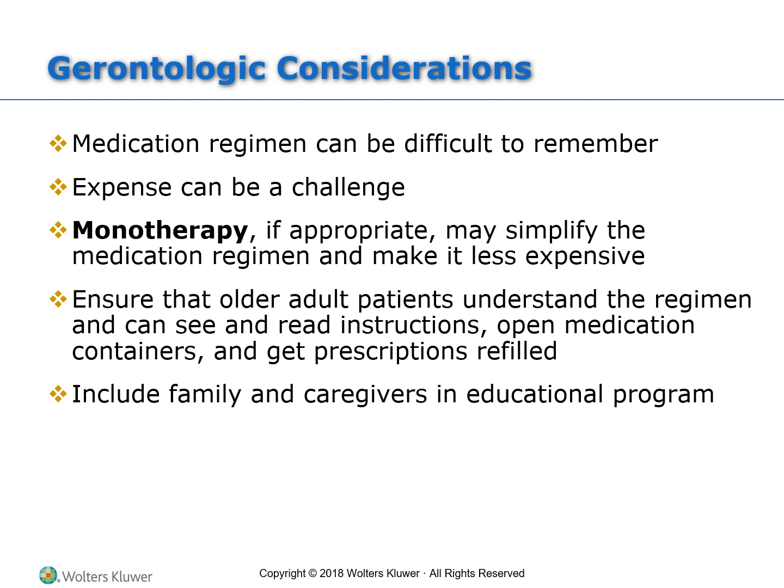As far as the older adult, just with any chronic disease, expense is always an issue. They generally have a fixed income. Sometimes they don't remember, if they have dementia or Alzheimer's even in the early stages, but there are ways that you can address that.